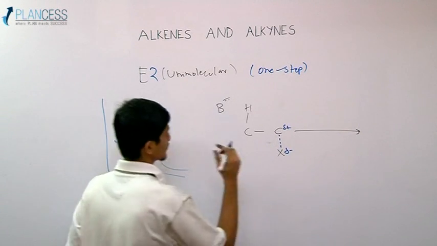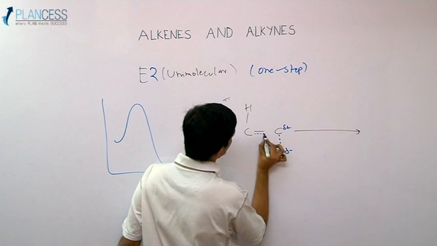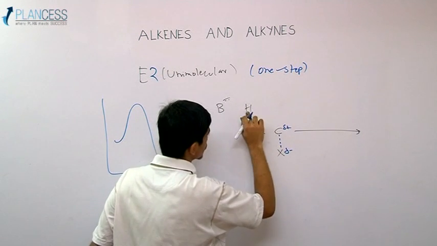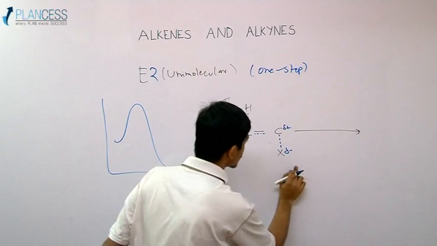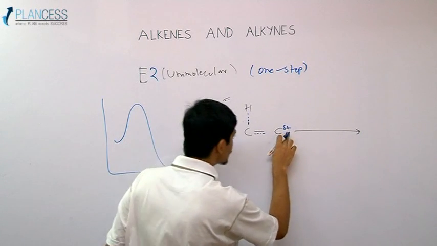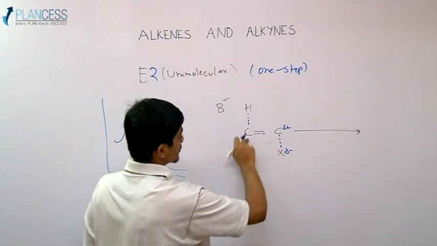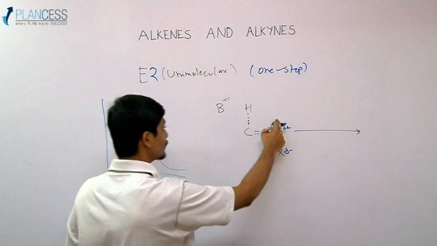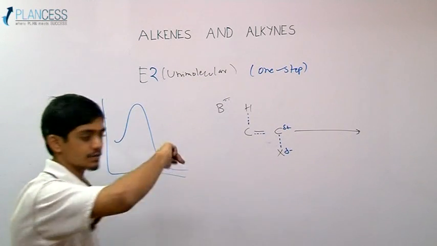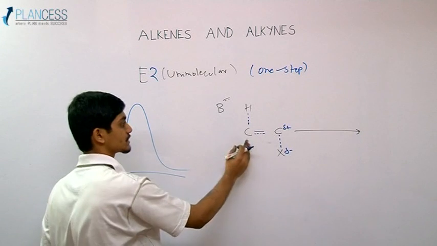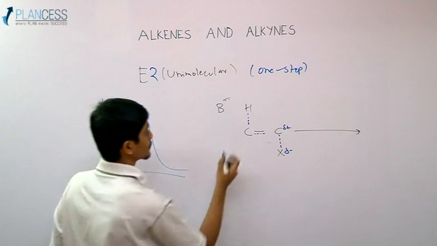But now in case of E2, the whole process takes place together. That is, first the halide leaves, which creates a positive center, then this carbon tries to donate the electron density, which is supported by the abstraction of the hydrogen. So all the three processes happen simultaneously in a single step.